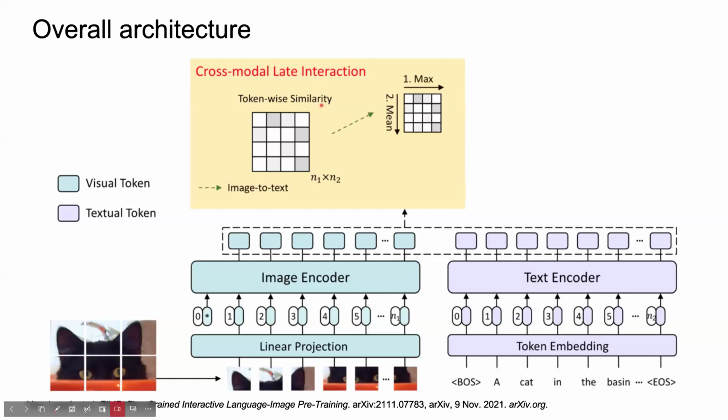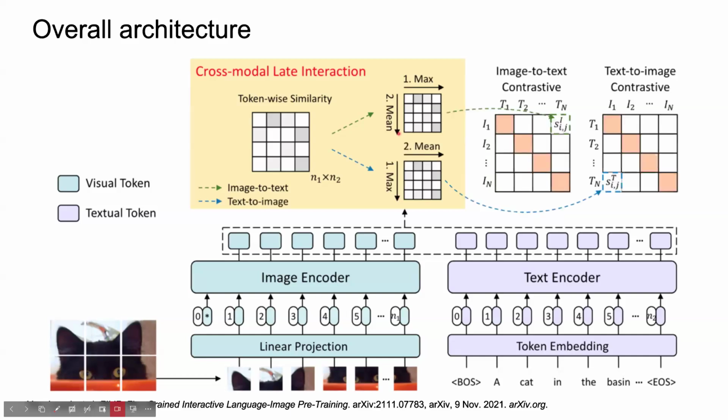And lastly, they reduce this token-wise similarity matrix by using the maximum and mean operation across the rows and columns of the token-wise similarity matrix in different orders, basically to produce one single score for image-to-text similarity and one single score for text-to-image similarity. Then they repeat this procedure for every image-text pair in the batch. So now let's take a closer look at how the cross-modal interaction mechanism actually works.